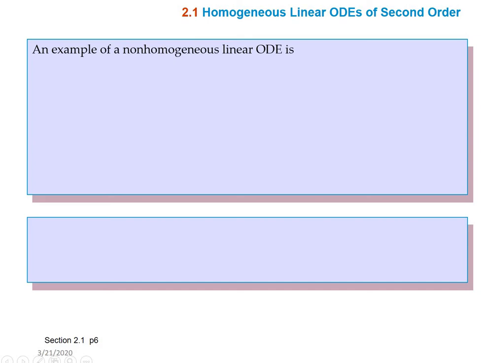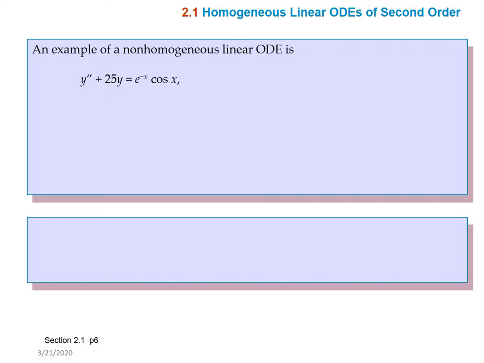Now, I'm going to give you some examples of the definitions that we just learned. The first one is a non-homogeneous linear ODE. I'm going to discuss the linearity first. You see y double prime and y, both of them are linear. Now, on the right hand side, I have a product of two functions. This is not 0, so this is non-homogeneous. The question that comes to mind is, what about y prime?